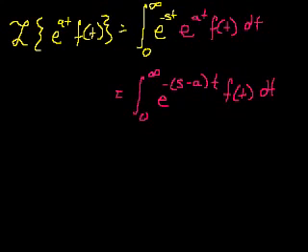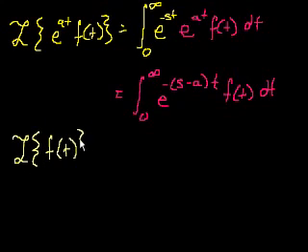Now let me show you something. If I were to just take the Laplace transform of f of t, that is equal to some function of s, right? Whatever we essentially have right here for s, it becomes some function of that. So this is some function of s.